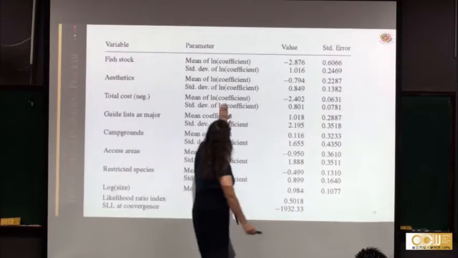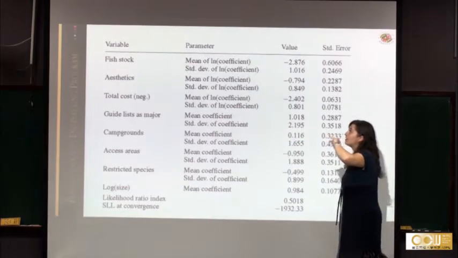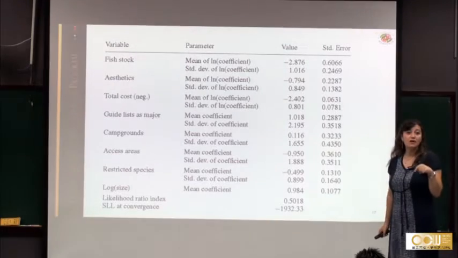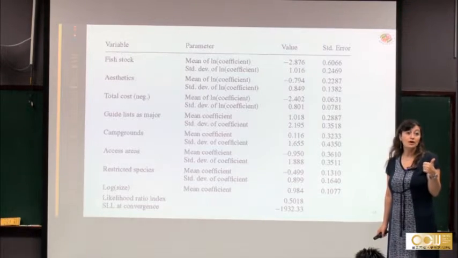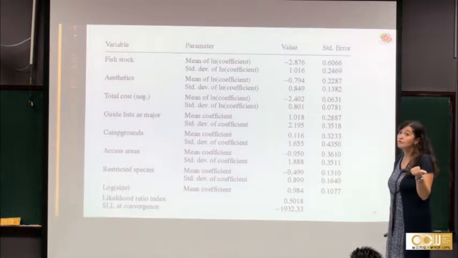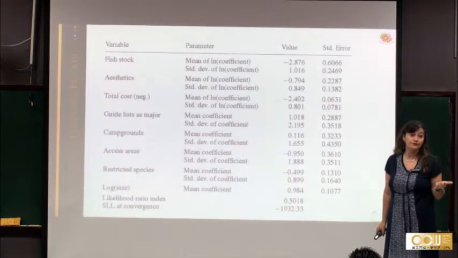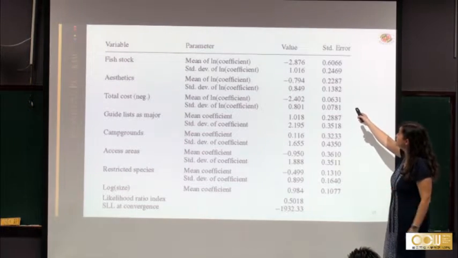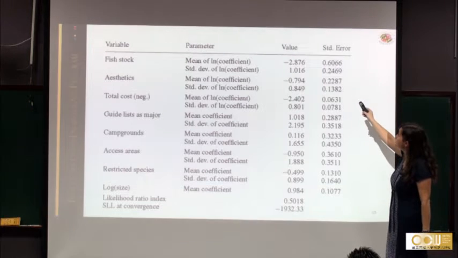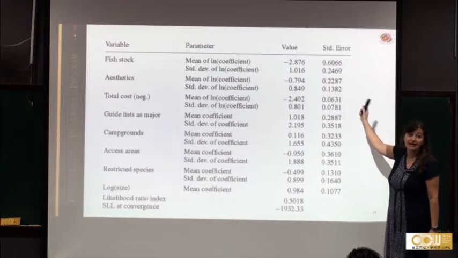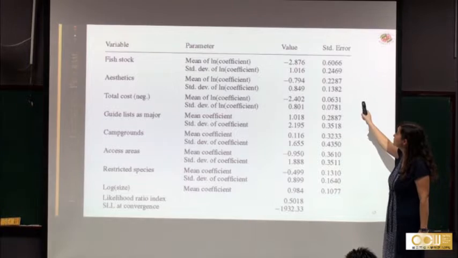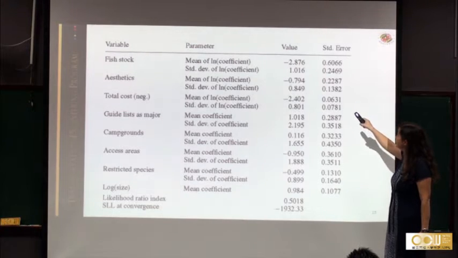You see that in order to identify normal and log normal, you just need to estimate the mean of the coefficient and the standard deviation of the coefficient. That's what he's doing, right? He's estimating for each of these randomly distributed coefficients two values. The first is the mean, and the second is the standard deviation.